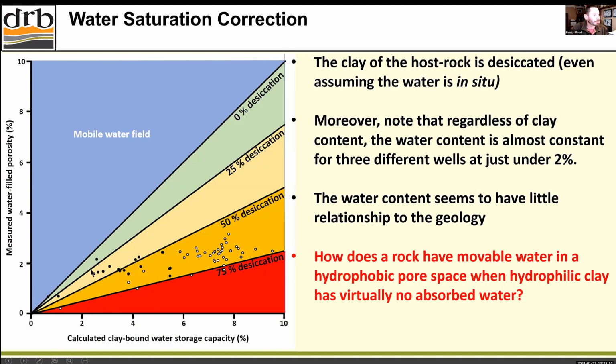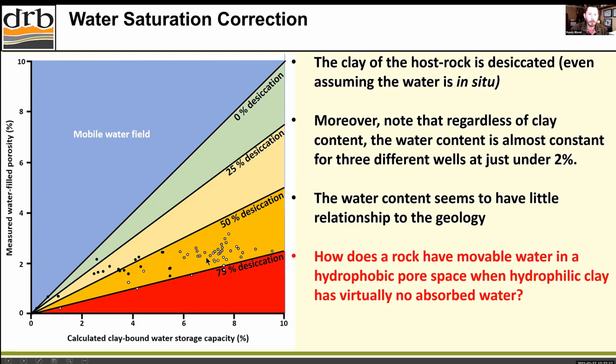The other thing of interest here is that this is a number of different wells, and you see the gray dots, the white dots, and the black dots represent 3 different wells. They're just constantly hanging out at just under 2% pore water volume, regardless of the clay content of these rocks, regardless of where we are.